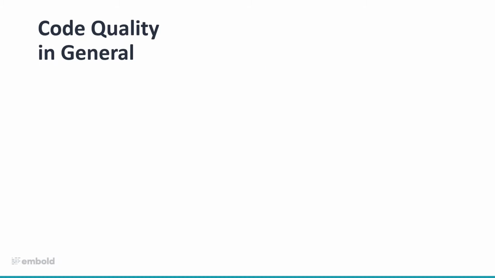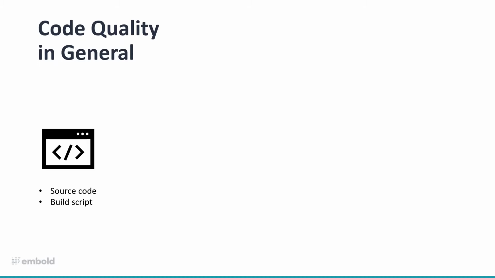We know that all enterprises or companies really want to have a good product. The good products come from good code quality. So we start with the source code. If we imagine that we have more than 1 million lines of code, and we try to analyze and measure its quality.